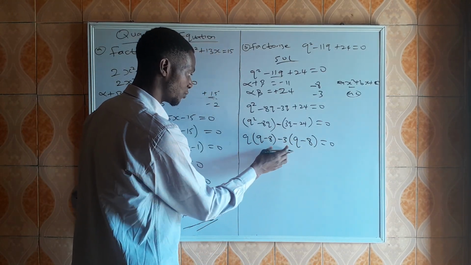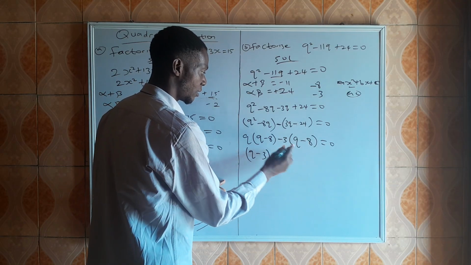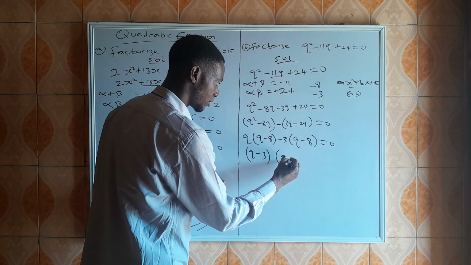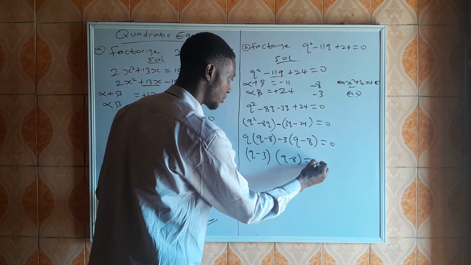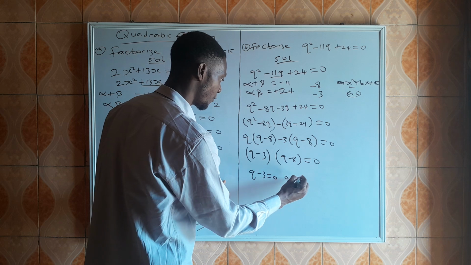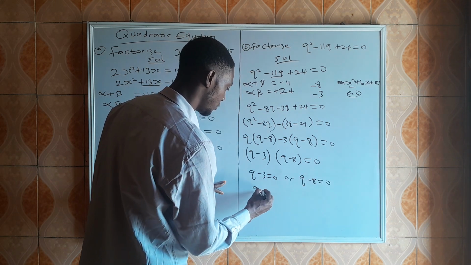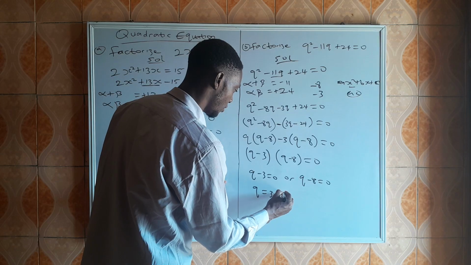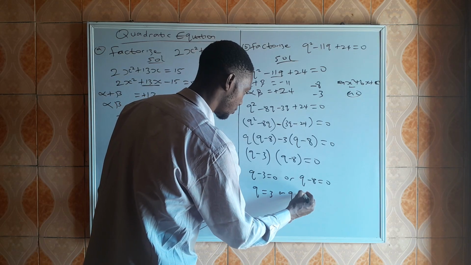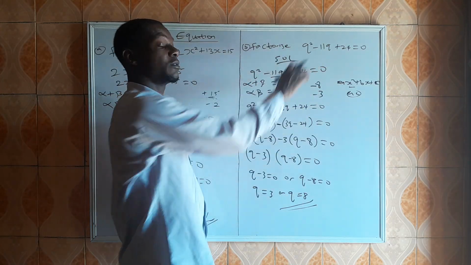The one outside, you bring the two values together, so you have q minus 3, and you pick only one of these, q minus 8, which equals 0. So it's either q minus 3 equals 0 or q minus 8 equals 0. So you have q to be 3 or q to be 8. And these are the two values for this expression.